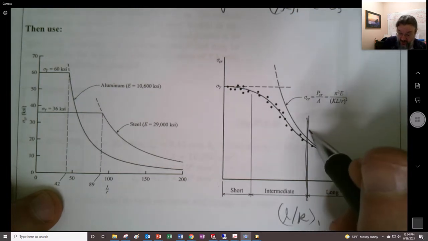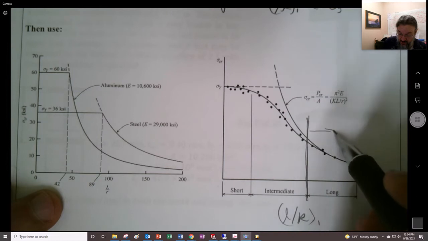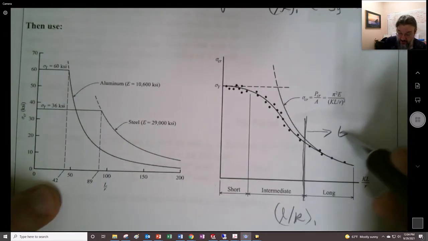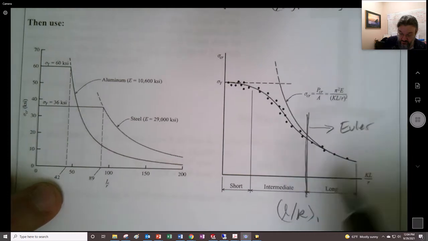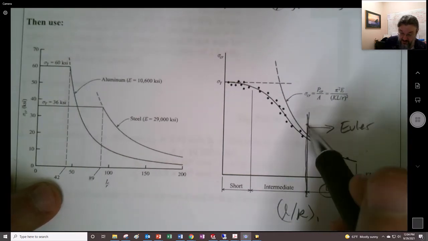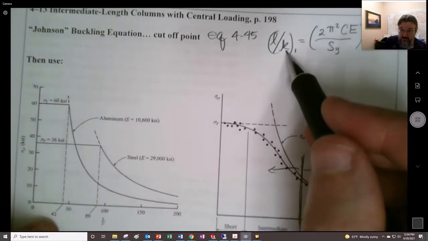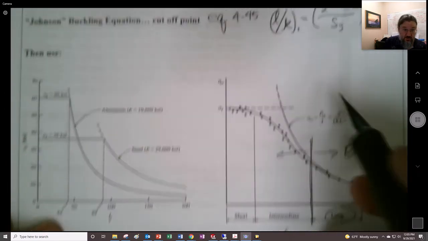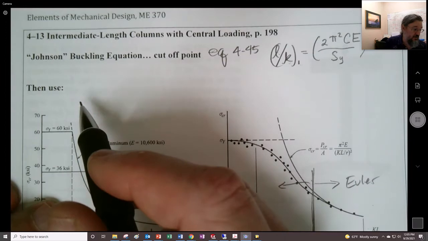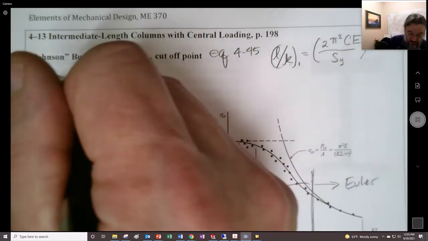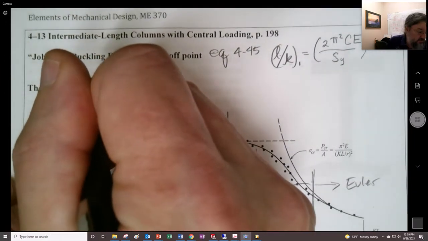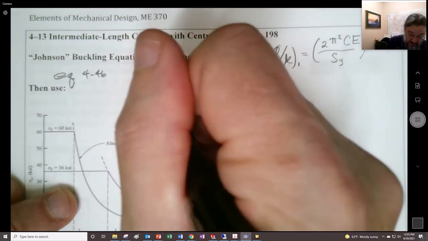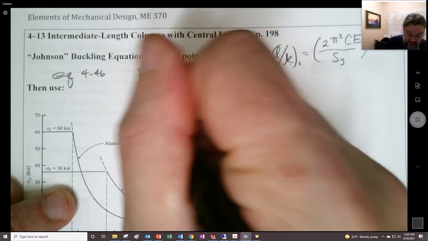If your L over K is greater than this L over K limit, you use Euler. They call it long. If it's less than this L over K limit, then you use what we call the Johnson buckling equation, which is equation 4-46, and it looks like this. P critical over area.